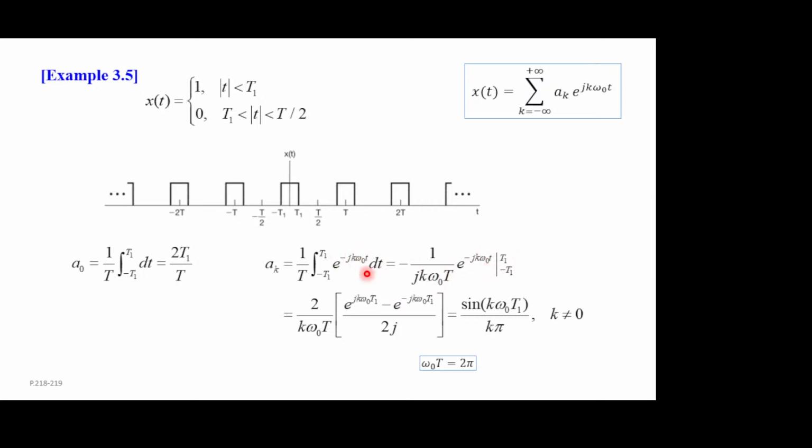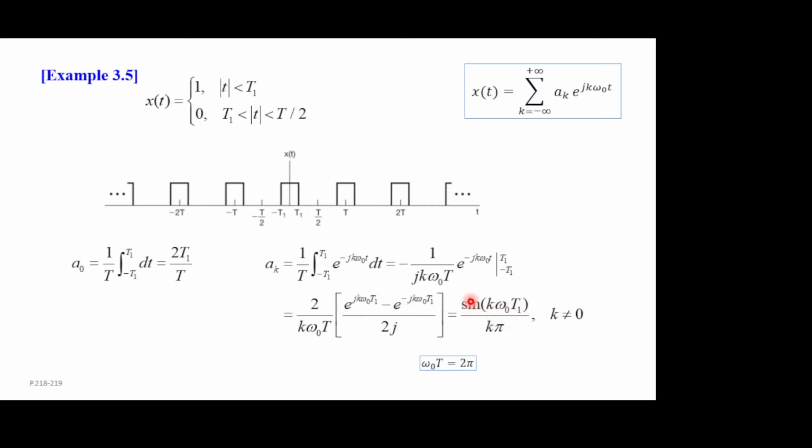Then once again, it's the integration of an exponential, so you get 1 over a here. So this is 1 over minus jk omega naught, times e to the minus jk omega naught t, from t1 to minus t1, and then you just plug in and deal with all the negative signs, etc. Then you see you have e to the jx minus e to the minus jx, so that's proportional to sine.